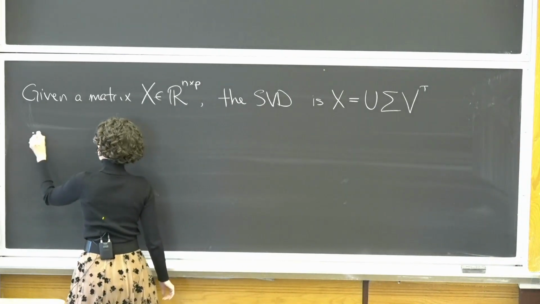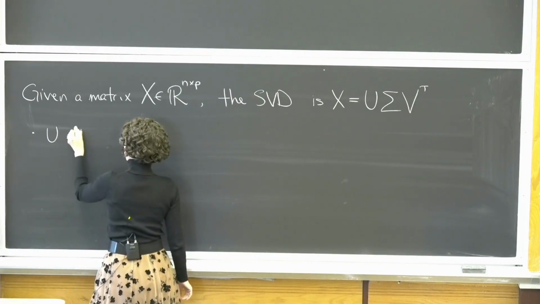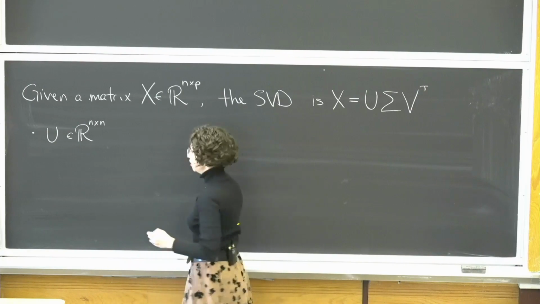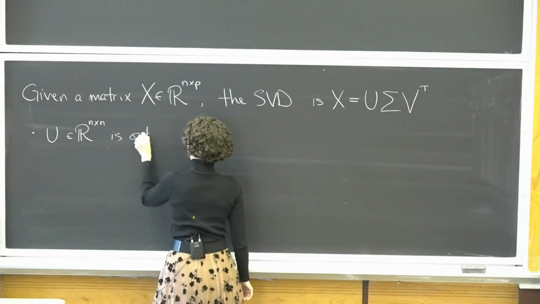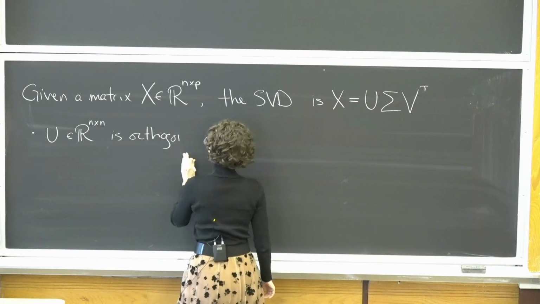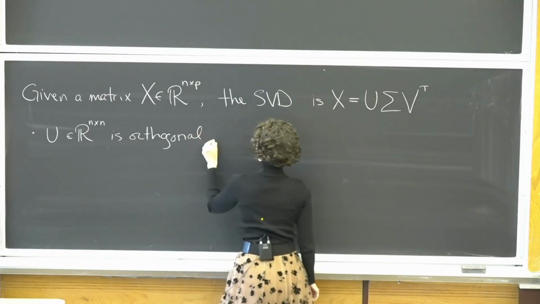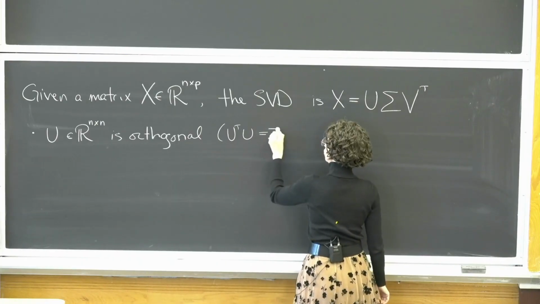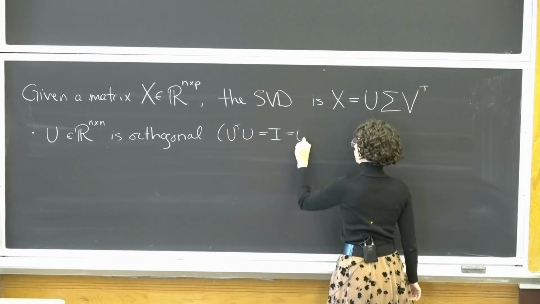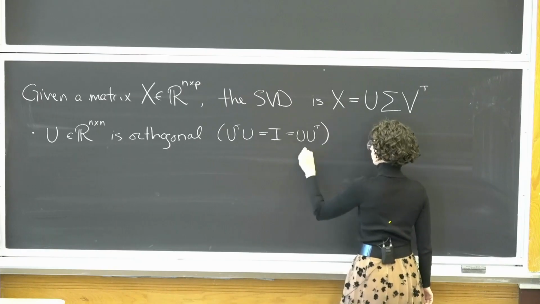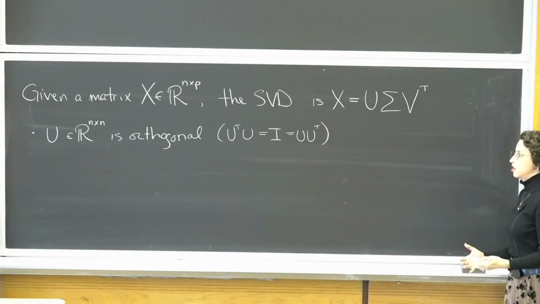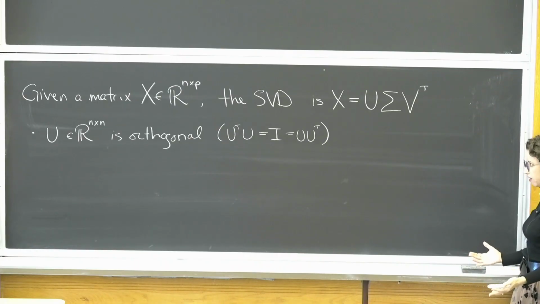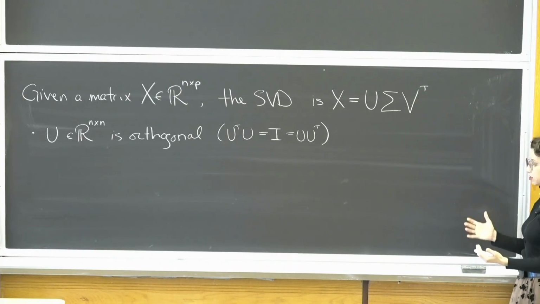So the U matrix is going to be a square matrix that's n by n, and it is orthogonal. And by that, I mean that if I take U transpose U, that's equal to the identity matrix, and that's also equal to U U transpose. So we can think about it as a collection of n different orthonormal basis vectors for the n-dimensional space.